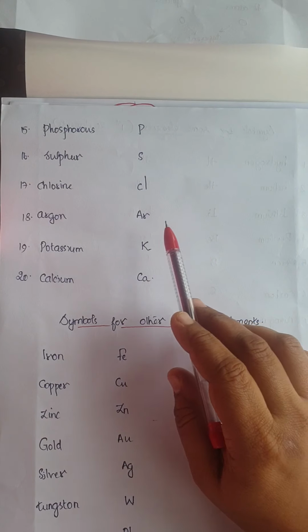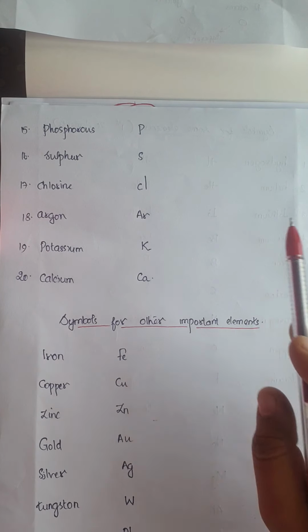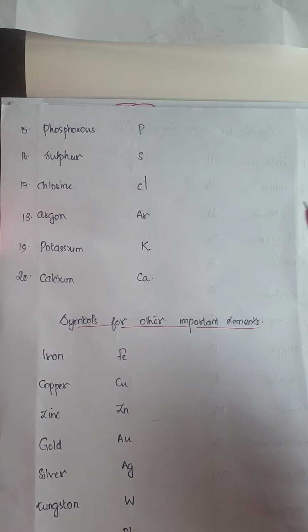These are the first 20 elements. You should know the names of at least the first 20 elements.